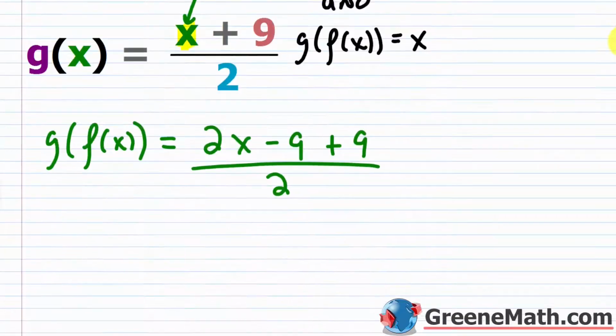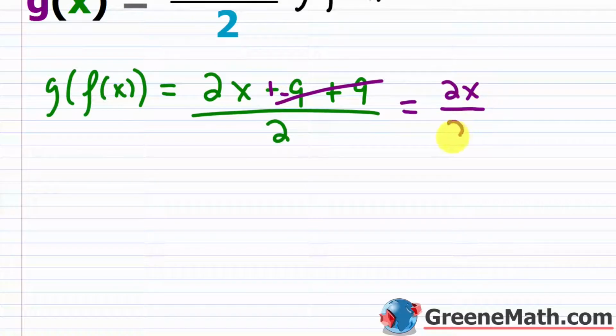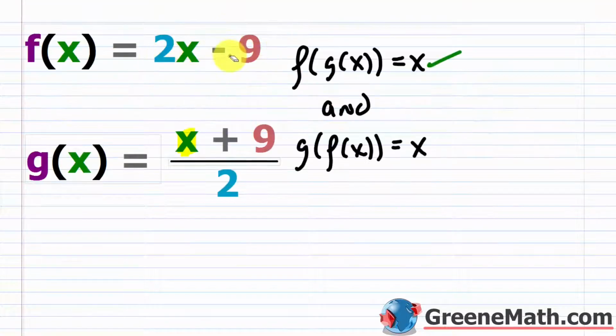Let me scroll down so we have some room to work. We have minus 9 plus 9, so you can basically say this is plus negative 9. Negative 9 plus 9 is 0. You can cancel those out and say this is 2x over 2, which is just x, right? So we've proved the other condition, and I'll just put another check mark here.